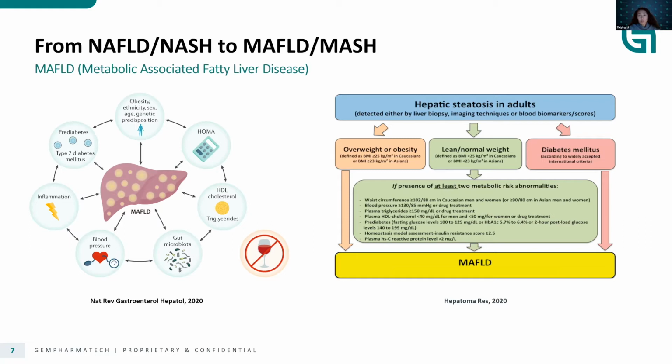So in this cartoon on the left side, as well as a documentation type of workflow, this is how metabolism or metabolic dysfunction has been associated with the development of this particular liver phenotype.